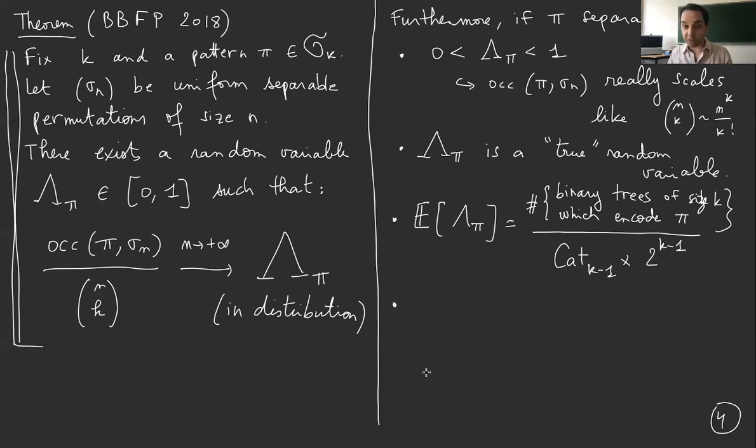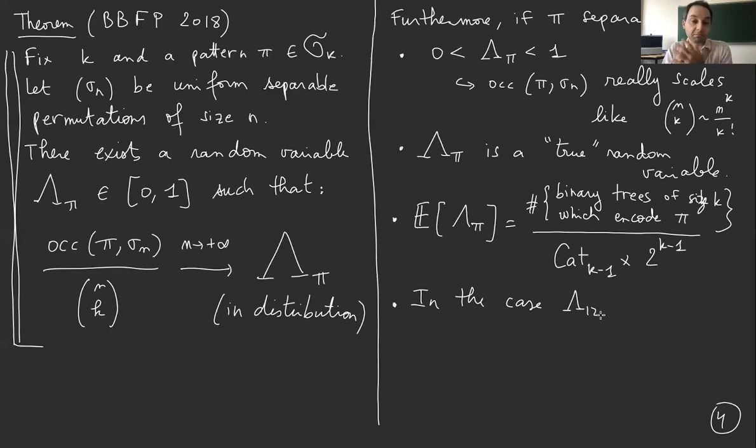And unfortunately, as I said, we know very few things about lambda pi. Even in the simplest case, the simplest pattern, which is just 1, 2, we don't even know if lambda 1, 2 has a density.